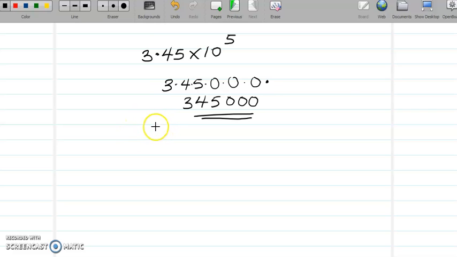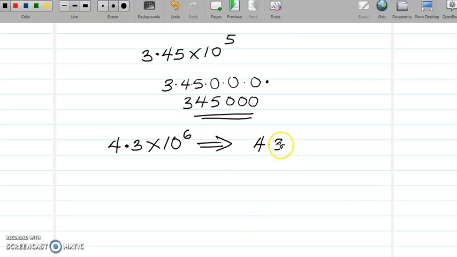Okay. Another example. Let me say we have 4.3 times 10 raised to power 6. To write this in ordinary form, from standard form to ordinary form, we have this to be what? 4.3.